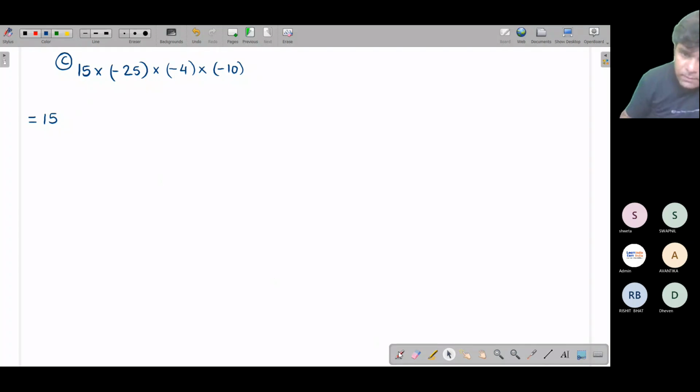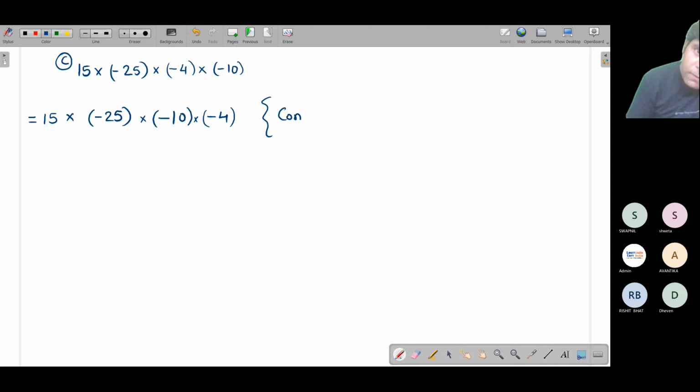So 15 multiplied with minus 25, and this 10 and 4 are commuted with each other. It will be minus 375.